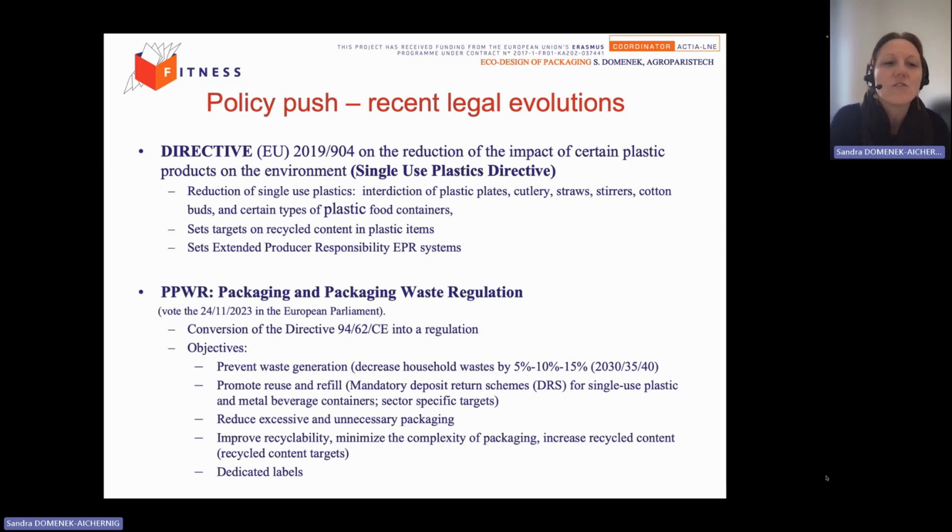And then there is also in the packaging and packaging waste regulation an idea to reduce excessive and unnecessary packaging. In that case, it also might be interesting that you come back to your own processes. Working to improve recyclability, minimize the complexity of the packaging, and increase the recycled content. So these things were already said yesterday, so I didn't want to go further into it.